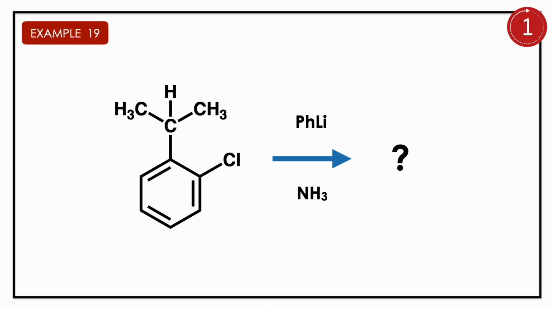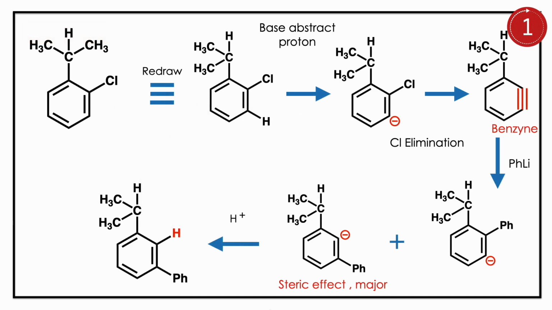Then the next example. Here you have benzene with an isopropyl group and chlorine reacting with phenyl lithium and ammonia. You should find what will be the final product. Here you might be confused, there may be a steric effect, but in a tetrahedral group all bonds are equal, so it can go away, hydrogen comes as a friend because a single bond can rotate, and the steric effect is pushed away.